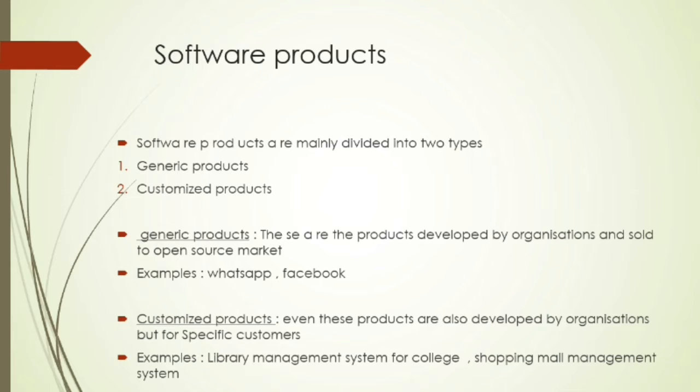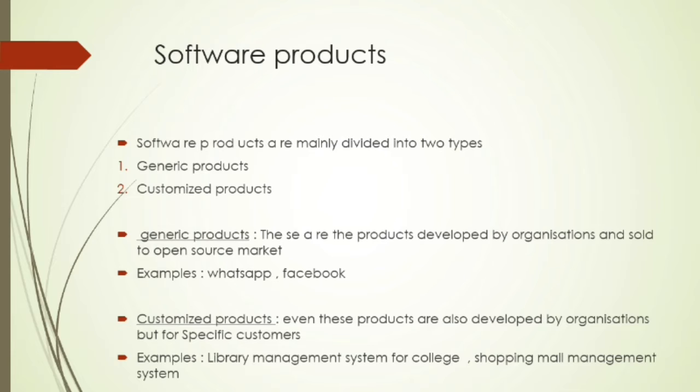For example, a library management system for a college, or a shopping mall management system, tracking how many employees there are and how many hours they have been working. For managing the whole shopping mall, we can develop one software, but it is not useful for someone who walks into the shopping mall as a customer.